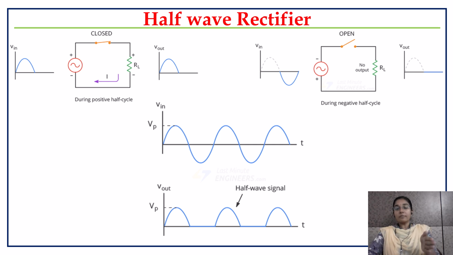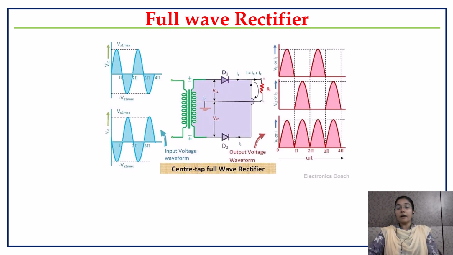To overcome this disadvantage, we are moving to the next type of rectifier, which is the full wave rectifier. In a full wave rectifier, there is one component added to the half wave rectifier. Here I am using two diodes with a center tapped transformer.